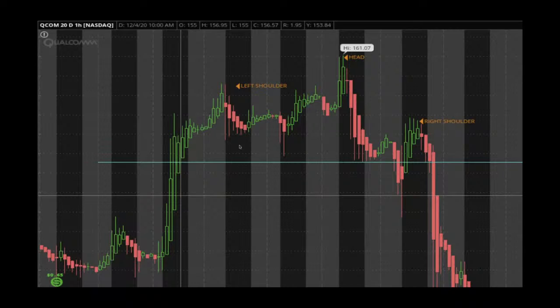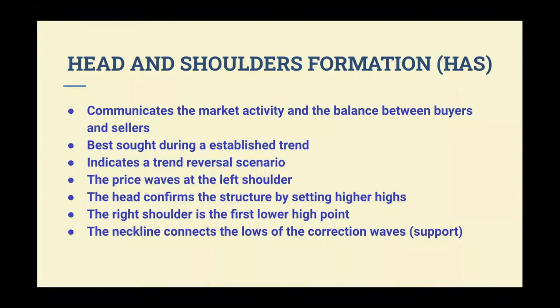Something you need to know: all these patterns don't have to be perfect. Like nothing in the market is perfect, at least 99% of the time. That's a number that I'm making up. But as long as it accomplishes the requirements, which is the price wave at the left shoulder. So left shoulder, price starts waving.